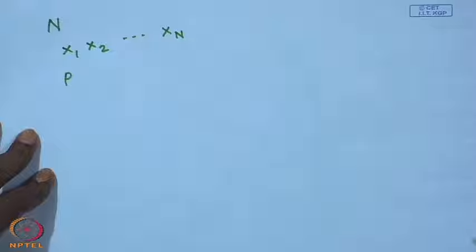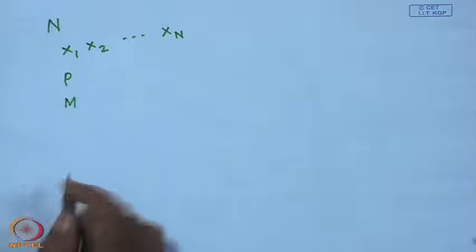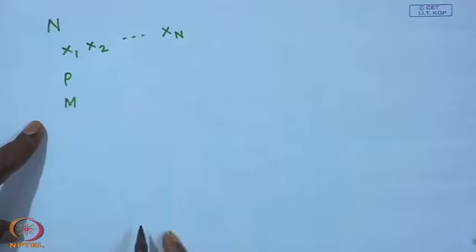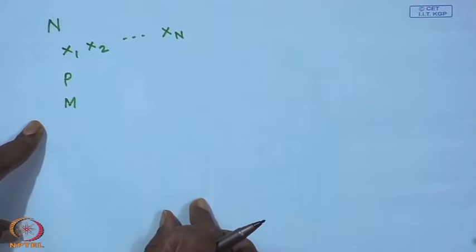And I want to transform these vectors to a vector of dimension capital M. Okay. So, naturally, at the hidden layer I have to have capital M number of nodes.